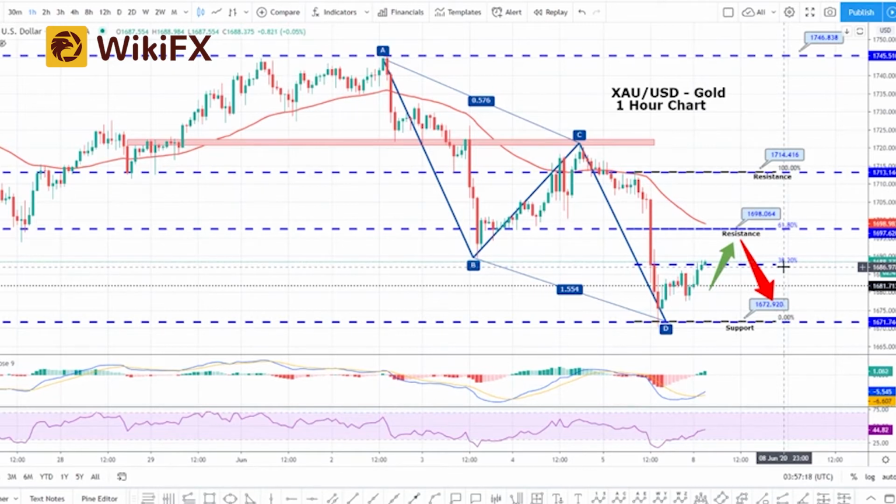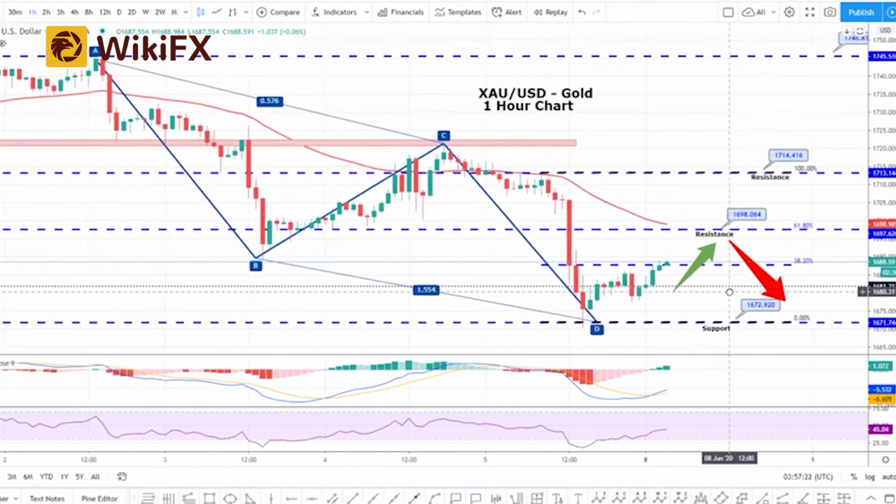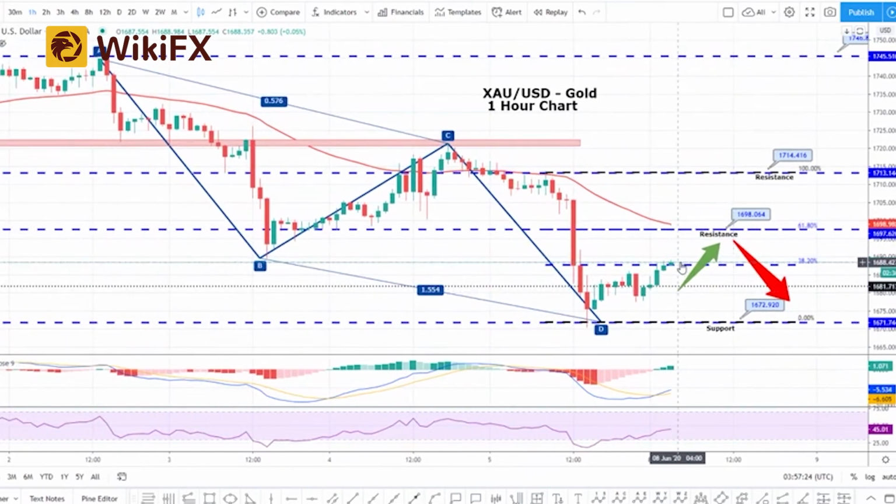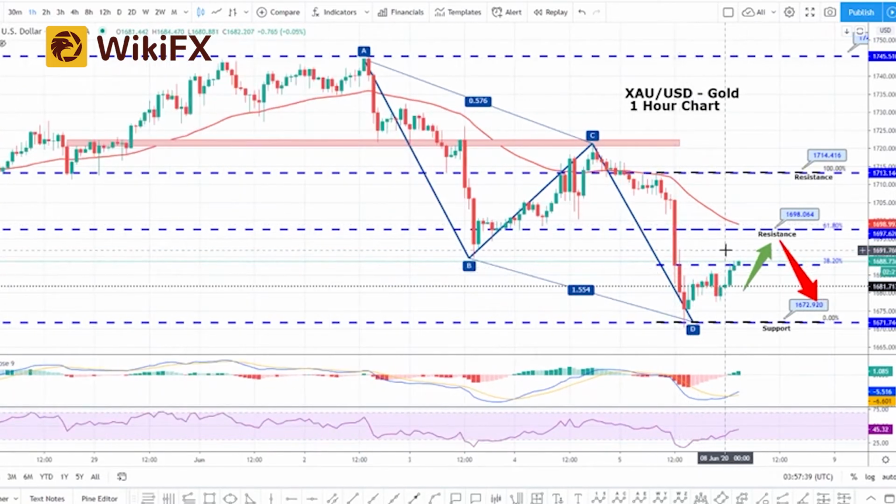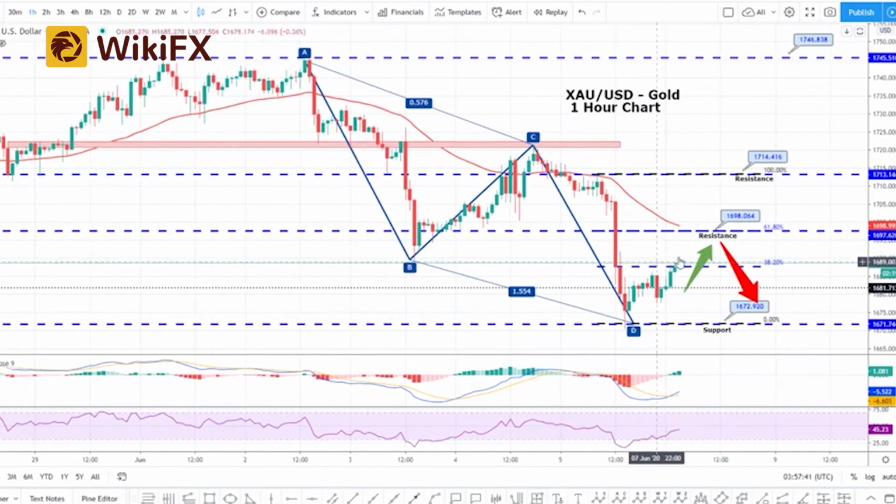If we zoom into the chart, we can see that gold is also crossing above the 38.2% level, which is opening room, and this can lead gold prices towards the next retracement level of 61.8%, which completes at the 1698 level. So for now, the forecast for gold suggests that there is going to be a slight buying trend in gold today, and gold prices can go after the 1698 level.